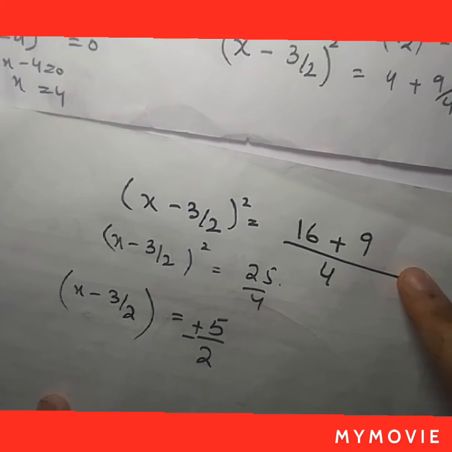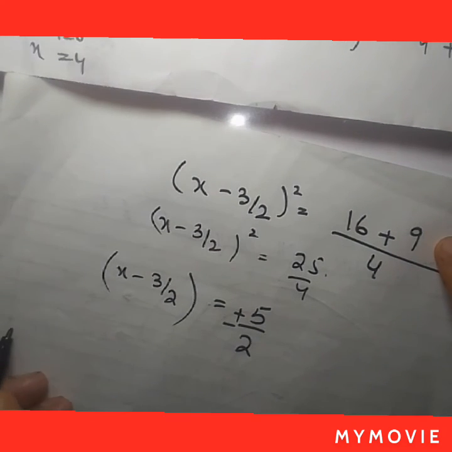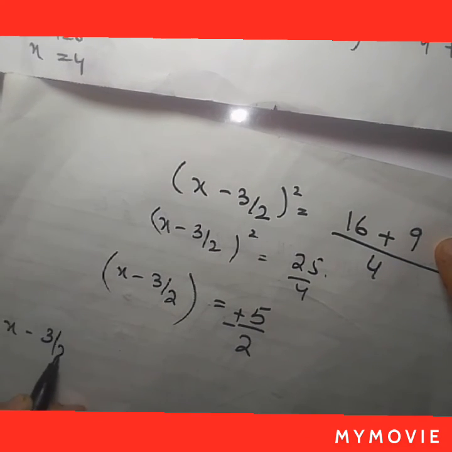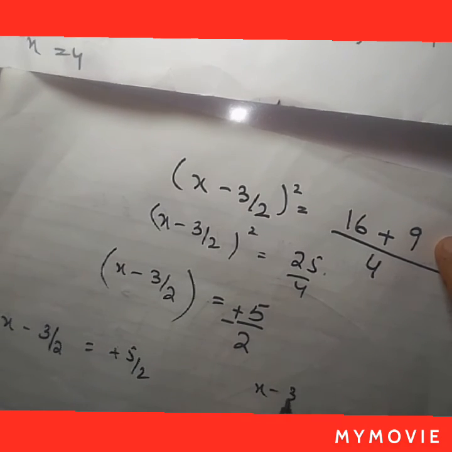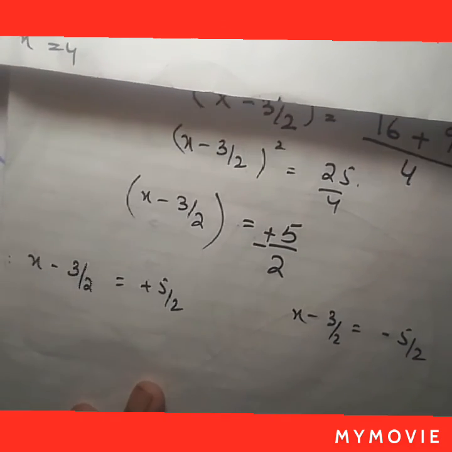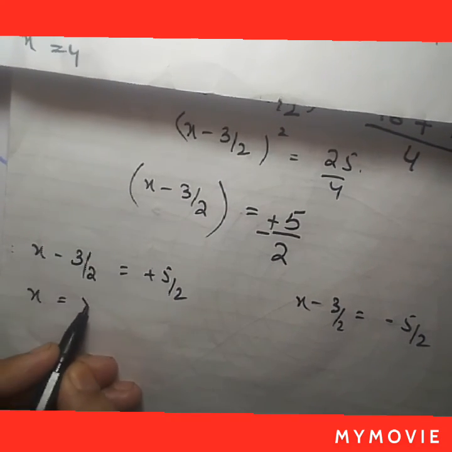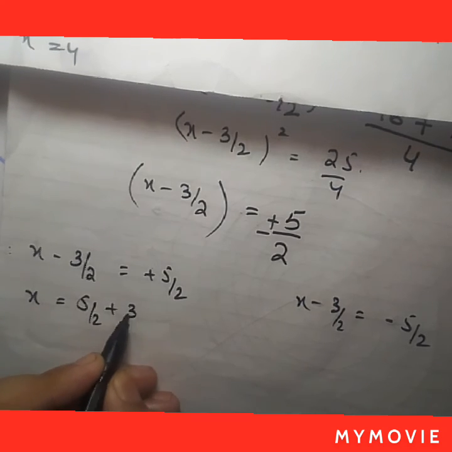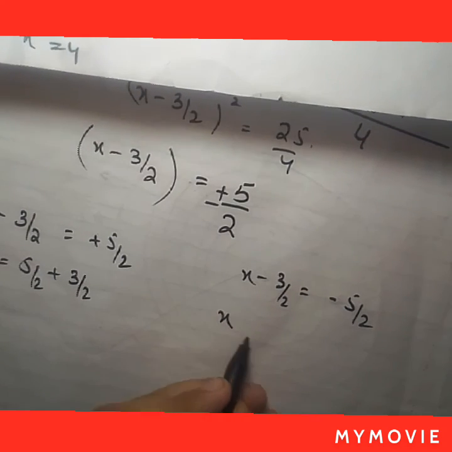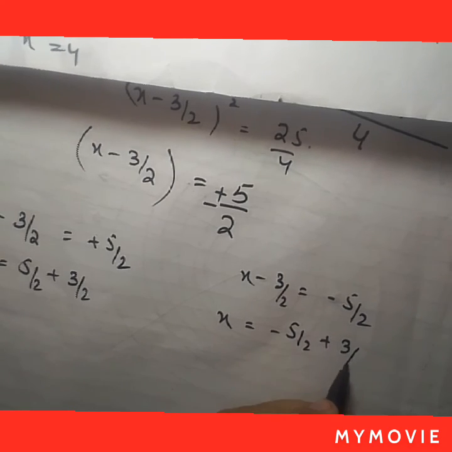It may be plus, it may be minus. There are two possibilities: x minus 3 by 2 is equal to 5 by 2, or x minus 3 by 2 is equal to minus 5 by 2. We follow both possibilities: x equals 5 by 2 plus 3 by 2, and x equals minus 5 by 2 plus 3 by 2.